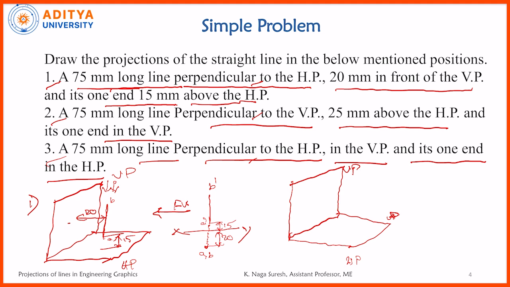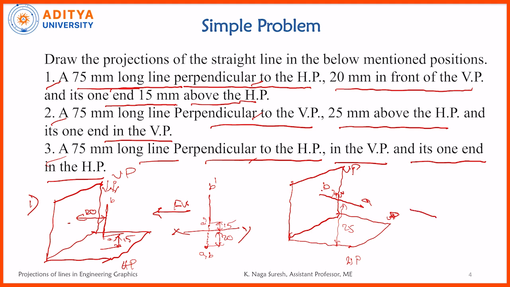Perpendicular to VP means the line is like this, and this angle is 90 degrees. It is 25 mm above the HP, so this distance is 25 mm. And its one end is in the VP. So this is A and this is B. One end means B; B is in the VP.